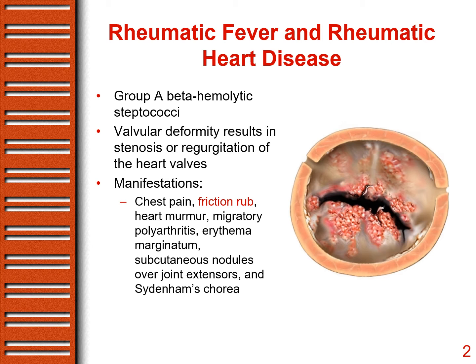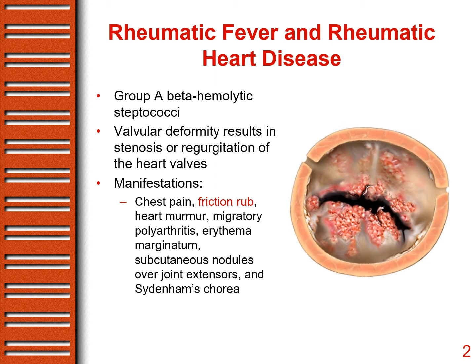Notice on this slide we also see other signs and symptoms of rheumatic heart disease, such as chest pain. You may auscultate a friction rub. This is a cardiac friction rub, not a pleural friction rub.